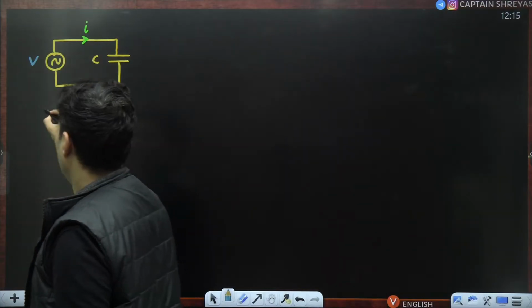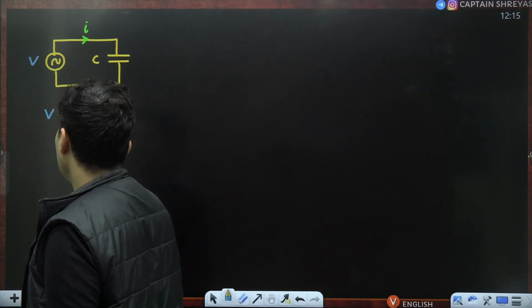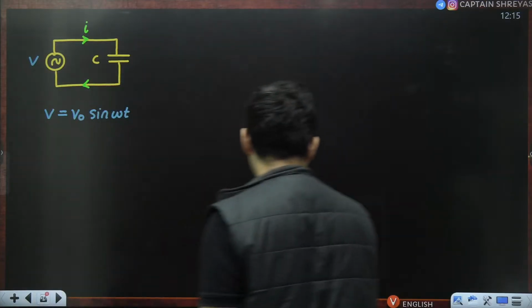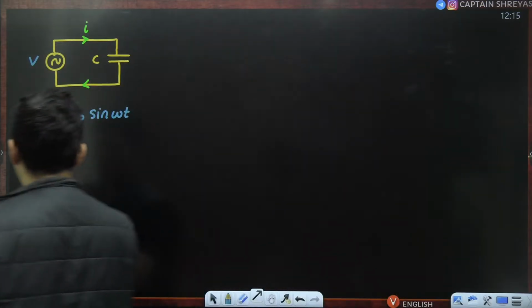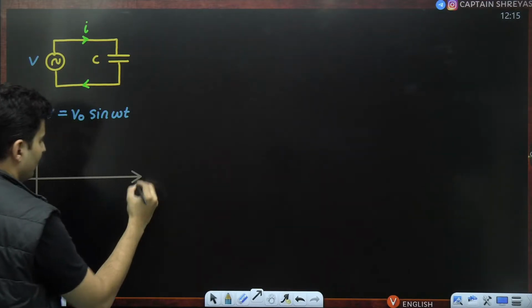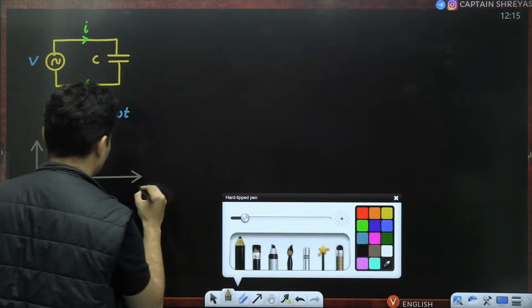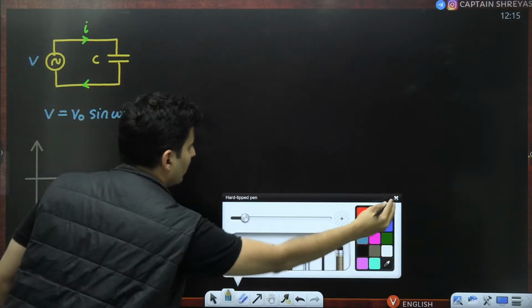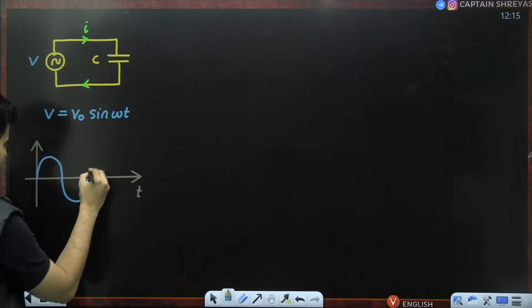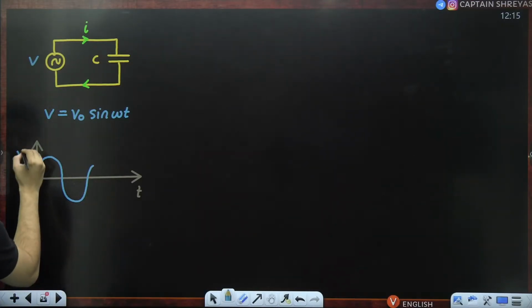Let us say our voltage is V0 sine omega t, which means on the time domain graph, our voltage will look like this. This would be V0.